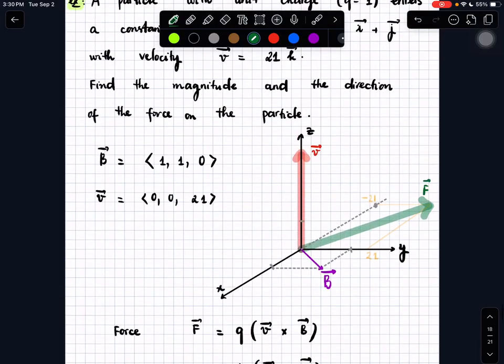And we need to compute the direction. Here's the direction of F, you can see it right here.